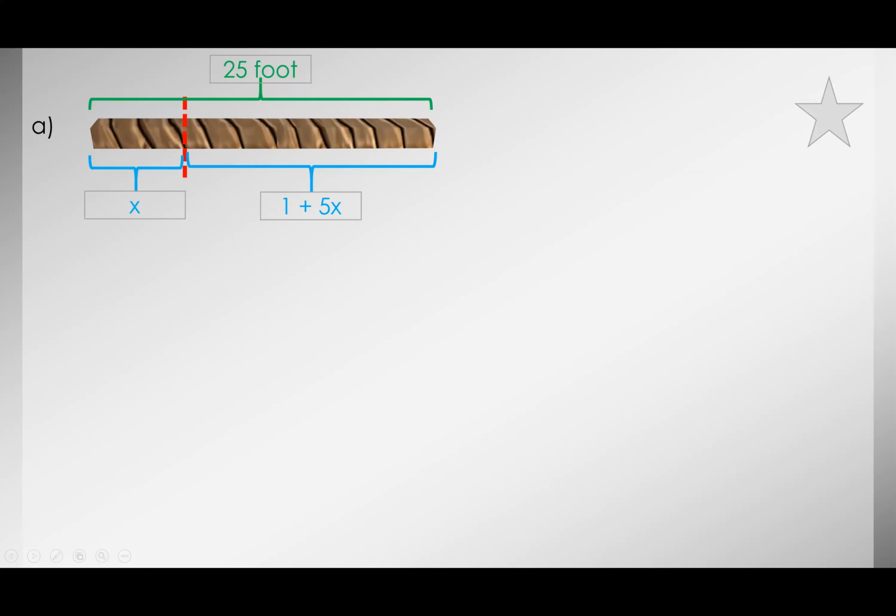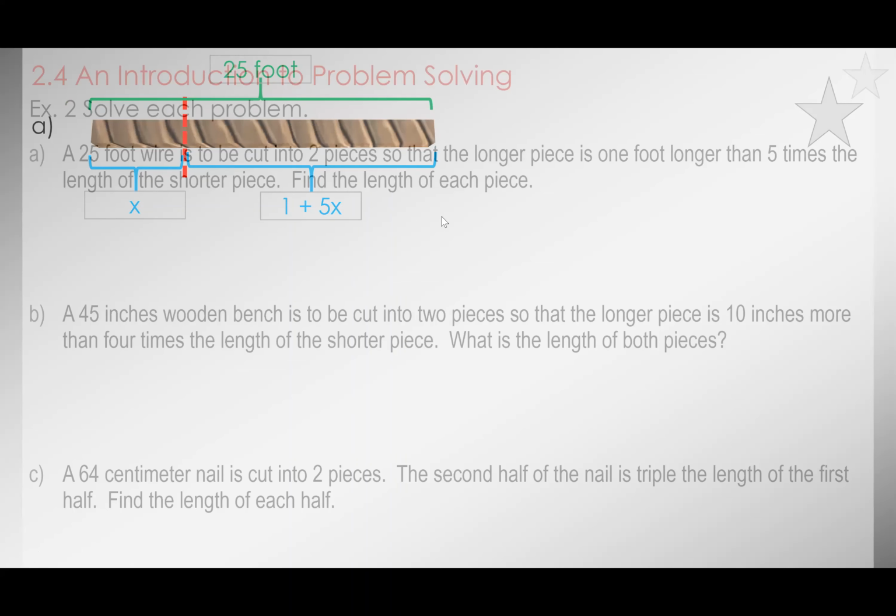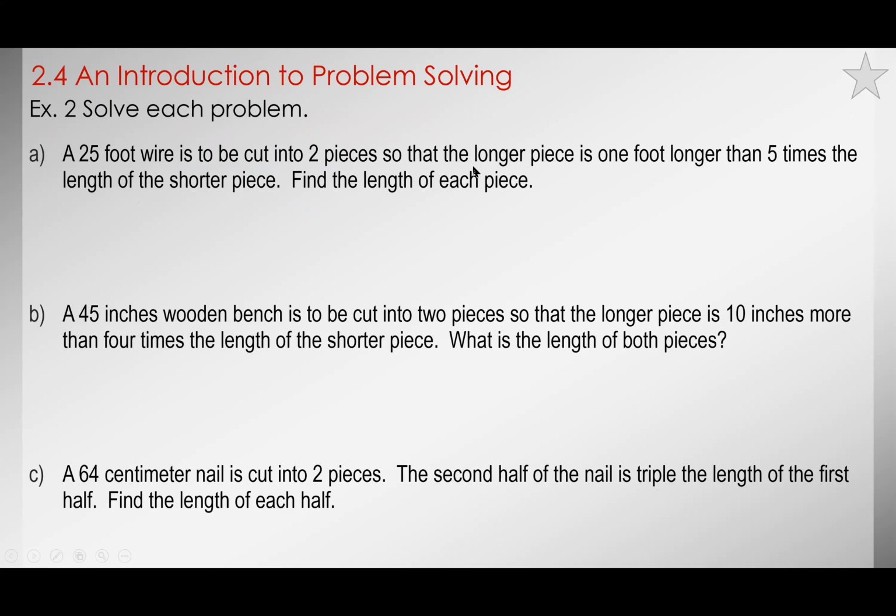The question tells us this is 25 feet, to be cut into 2 pieces so that the longer piece is 1 foot longer than 5 times the shorter piece. We don't know what the shorter piece is, so that's my unknown, that's my x. Whatever the shorter piece, the longer piece is 1 foot longer than 5 times that.